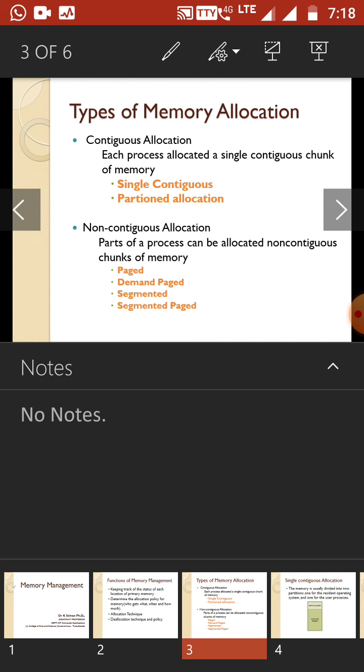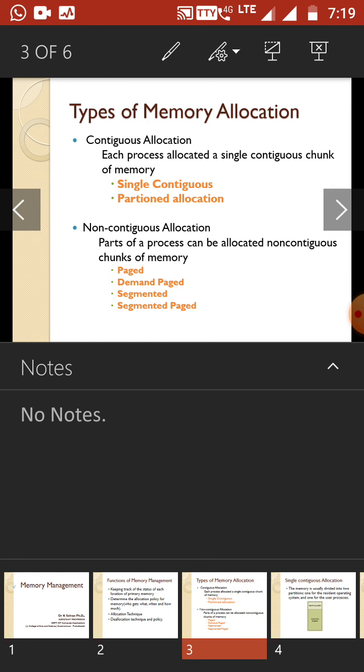Next, types of memory allocation. In this topic, we are going to discuss how memory management techniques are classified into two categories: contiguous allocation and non-contiguous allocation.